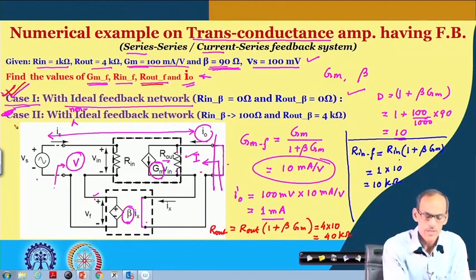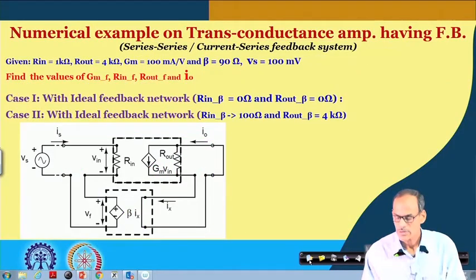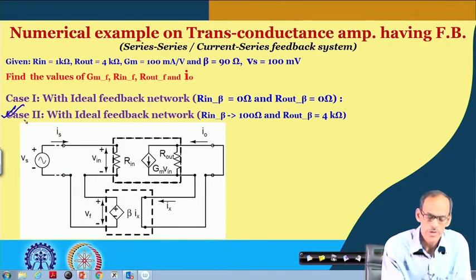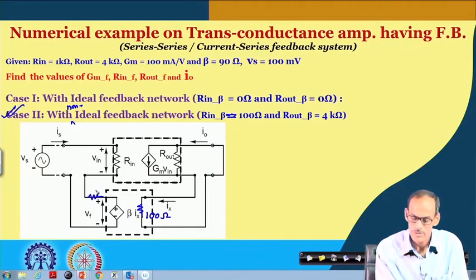Likewise you can make an attempt to consider the second part. I may not go through all the solution for that, but I am going to give you a hint for this non-ideal situation, where the input resistance is 100 ohms and the output resistance of this circuit is, say, 4 kilo ohm.